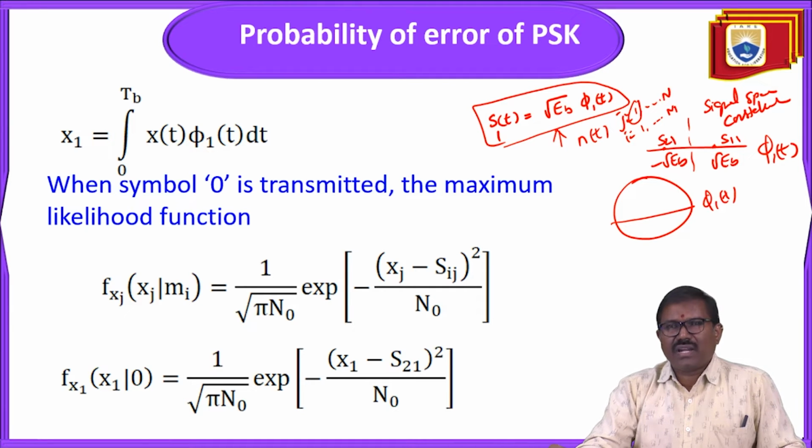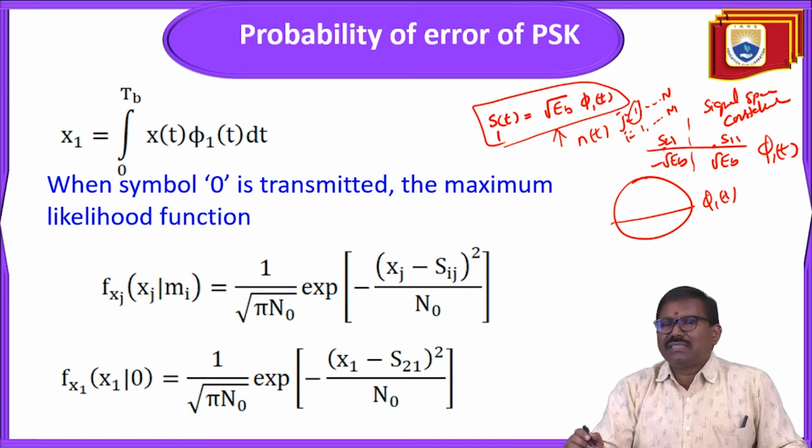And the right hand side is equal to 1 by square root of pi N naught, where N naught is the spectral density, exponential of minus, in place of j taken as 1, x1 minus Sij. Here ij is 21, S21. Why? In the signal space diagram, S21 represents the 0.